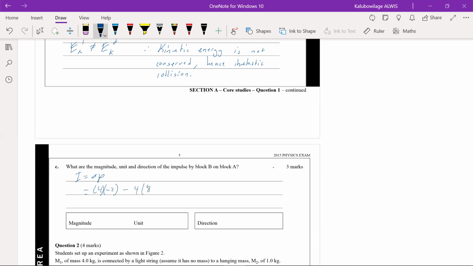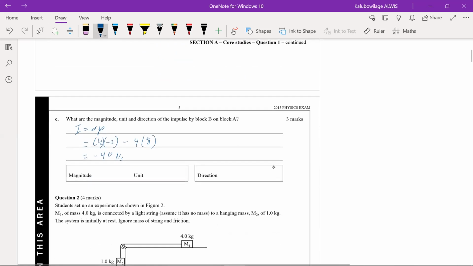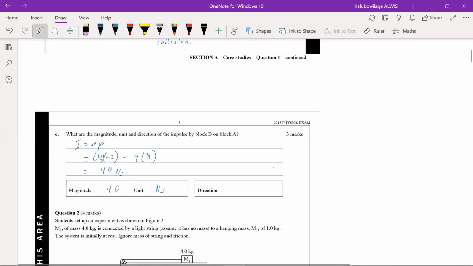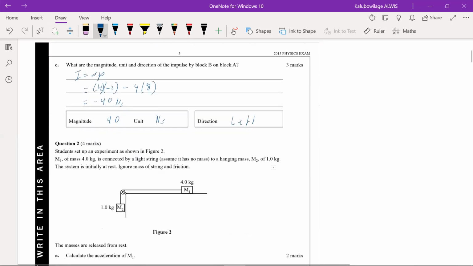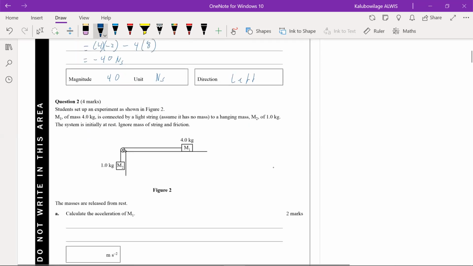Take that away from 4 times 8, the initial momentum of block A, which comes to negative 40. So magnitude is 40, and since it is negative, the direction is left.